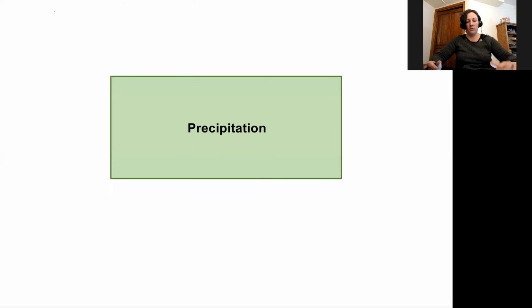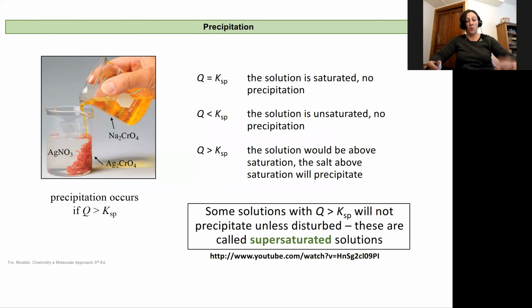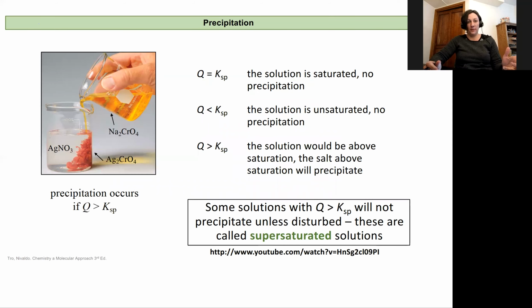Relating it to what we know about equilibrium, we can calculate a KSP or a K value or a KA or a KB and know the concentrations that we would expect of our reactants and products at equilibrium. But we can also take a situation where we don't know if a system is at equilibrium, calculate the Q value in the exact same way, and compare it to the equilibrium constant value.